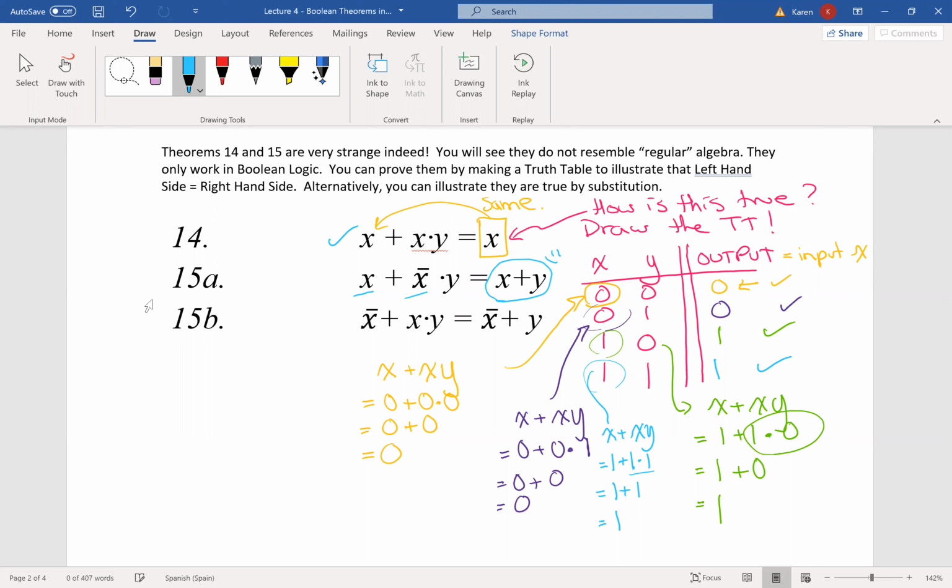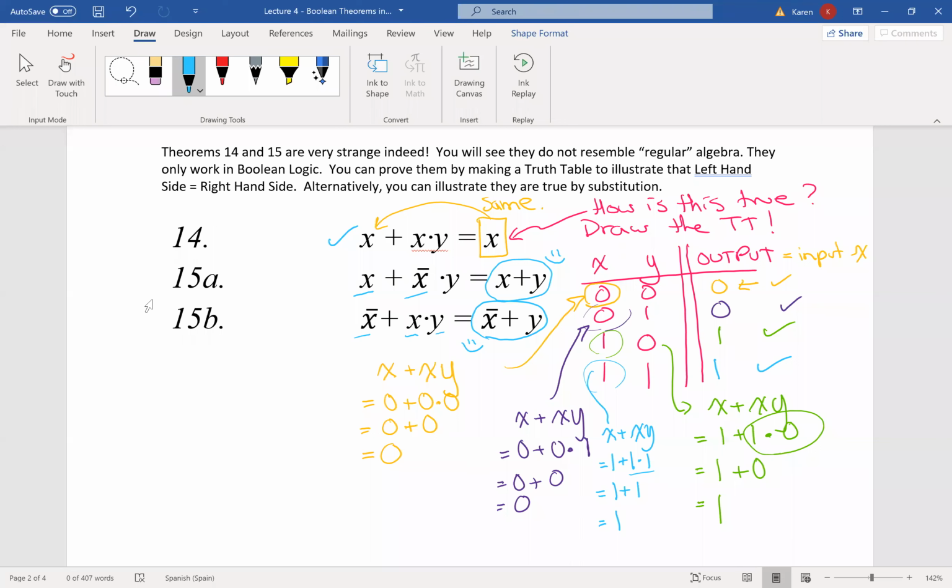This is good. This makes us happy. This is smaller. Same thing here. X inverted or that same X ANDed with Y is equal to this nice simple expression. These are very useful for making what was a bigger expression into a smaller expression. So make sure that you know to recognize those patterns.